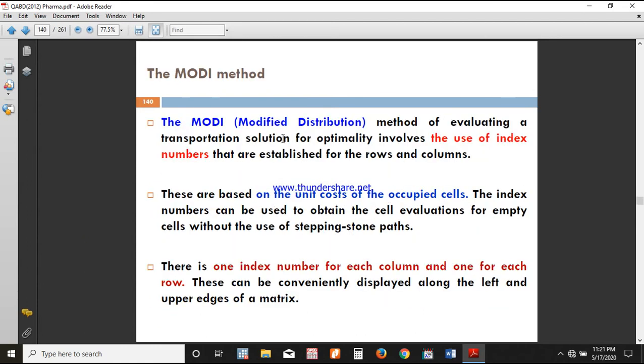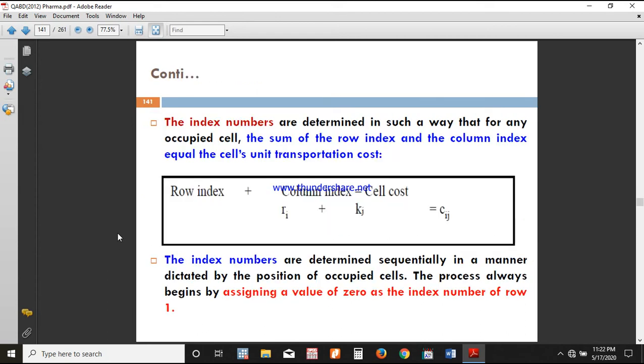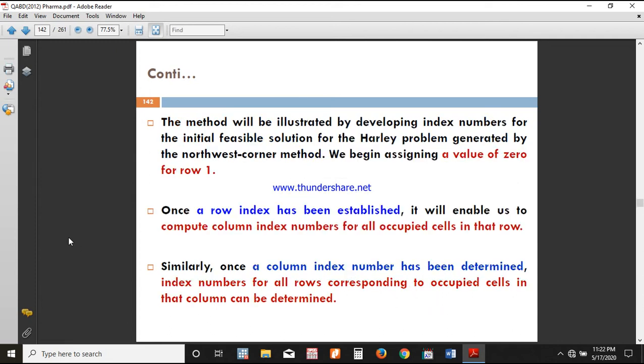The other one is the MODI distribution method, or the use of index method. A similar result will appear here. First, to find the cell cost, you can use this row index plus column index, which is equal to the cell cost. Therefore, the index numbers are determined sequentially in a manner dictated by the position of occupied cells. The process always begins by assigning a value of 0 as the index number of row 1.